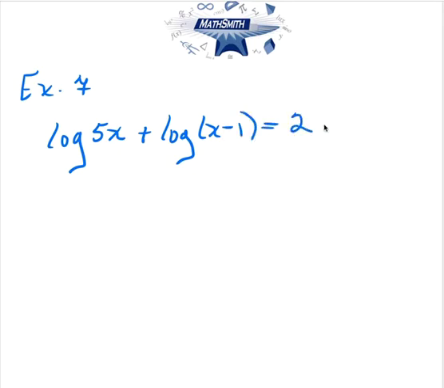Now remember the section that we just did where we had the different properties. Remember this property, log base b of uv equals log base b of u plus log base b of v. And this property goes backwards and forwards, okay?